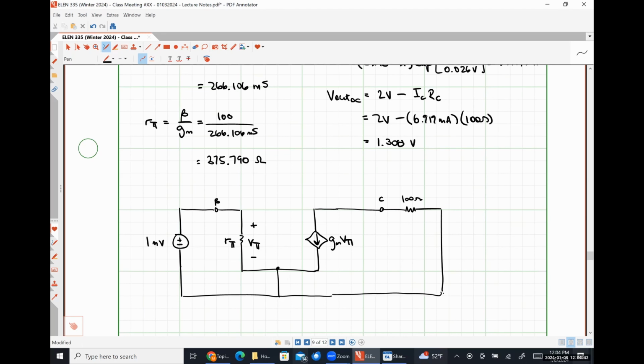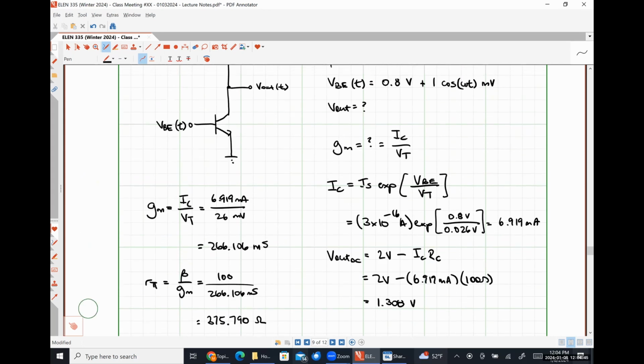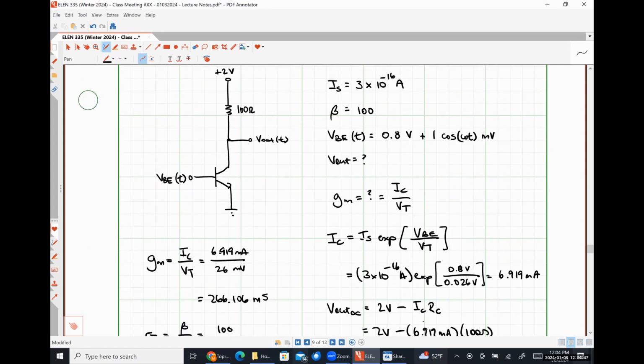Our output voltage in our original circuit is the voltage measured between the collector terminal and the emitter terminal. And so that's exactly where it's going to be on our small signal model as well.